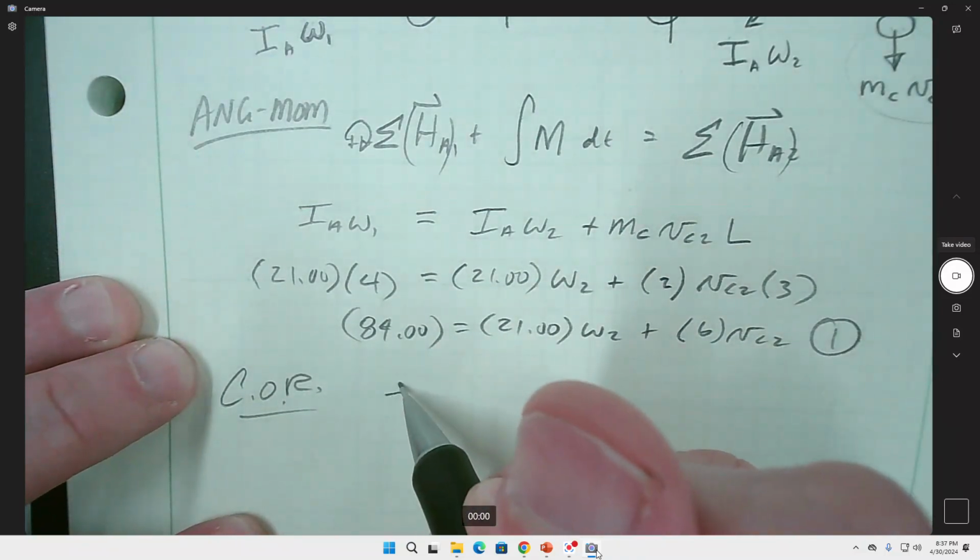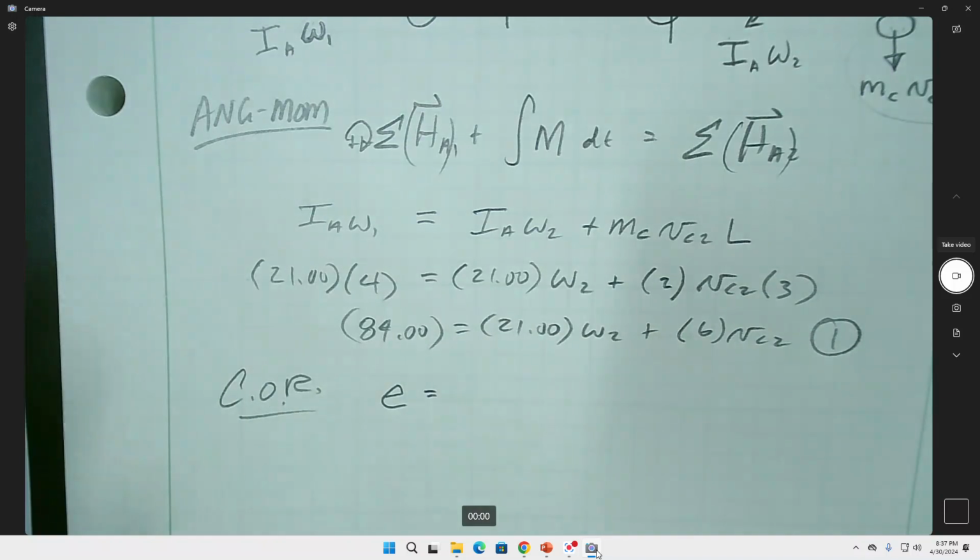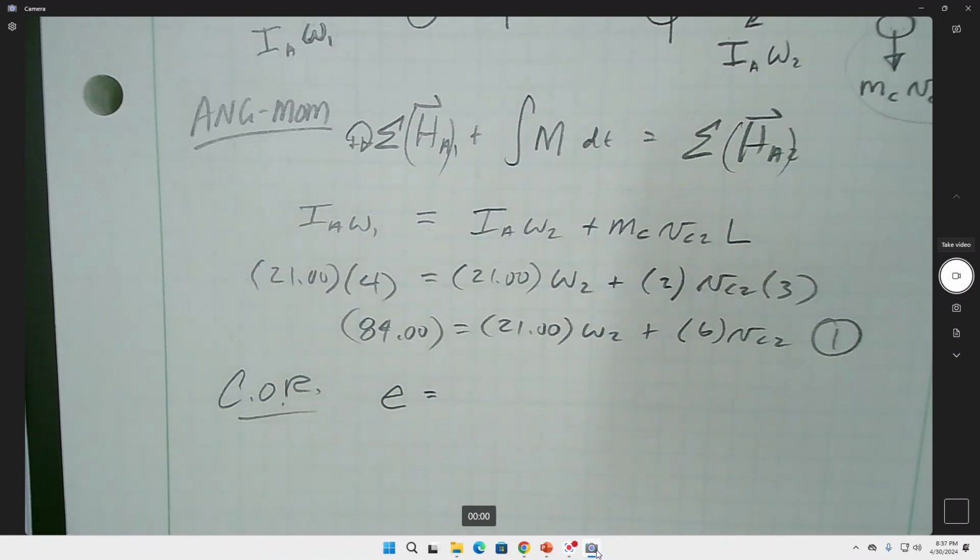So we put in the coefficient of restitution, which we have to be careful with when we're doing impulse and momentum or collision things. We have to use the velocity of the part of the rigid body where it's hitting. It has to be the localized one, right? It's the collision velocity location.